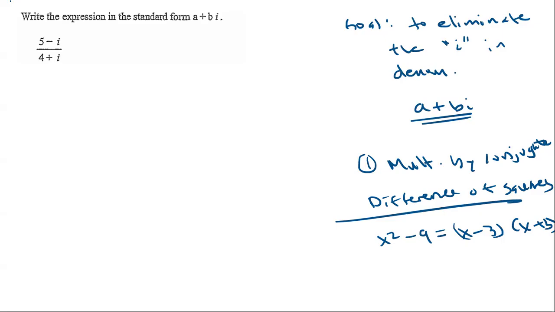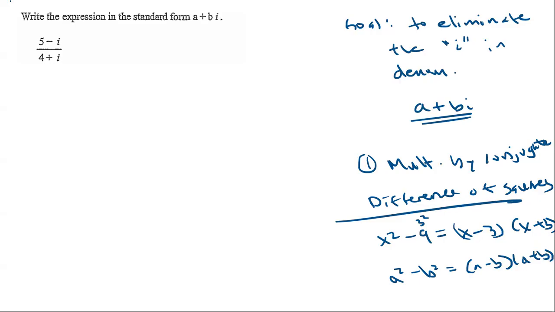So this 9 can be written as 3 squared. That's the same thing with the formula for the difference of squares. It would be a squared minus b squared, and that would be a minus b times a plus b.